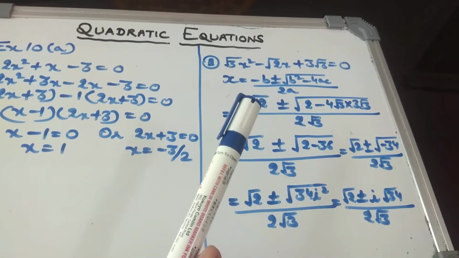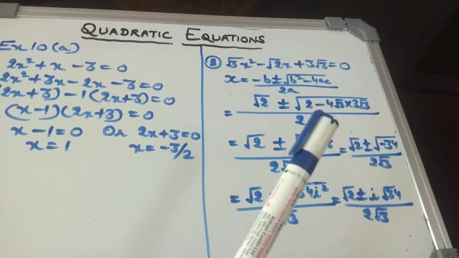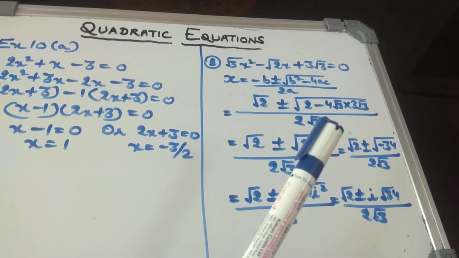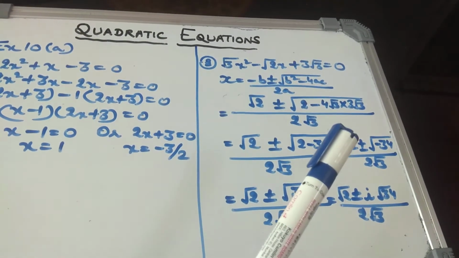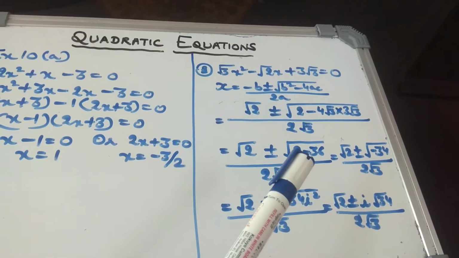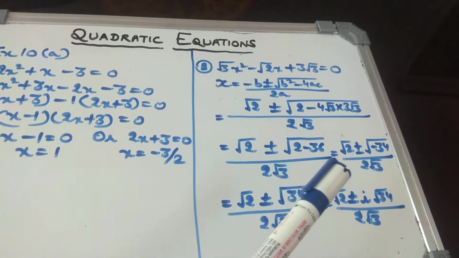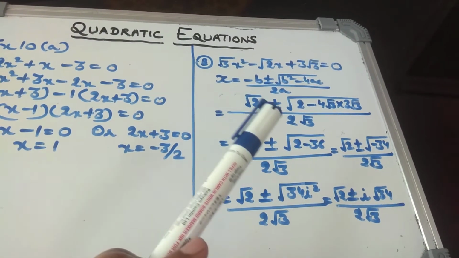Now b is minus root 2, so it becomes root 2 plus minus square root of b square, which will obviously be 2 minus 4 into ac, root 3 into 3 root 3. So it becomes root 2 plus minus under root 2 minus 36, and of course 2a is 2 into root 3.